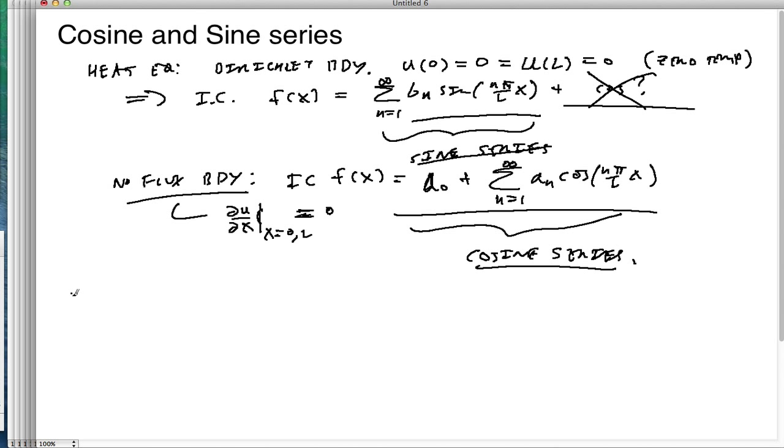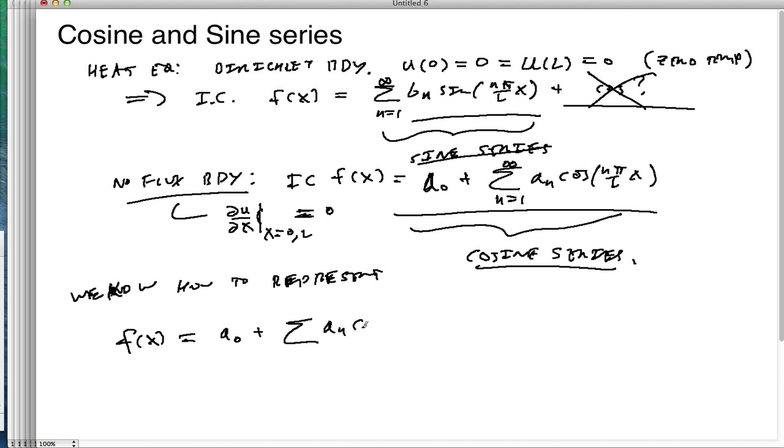So far, we know how to represent f of x as a Fourier series involving both sines and cosines, n equals 1 to infinity.